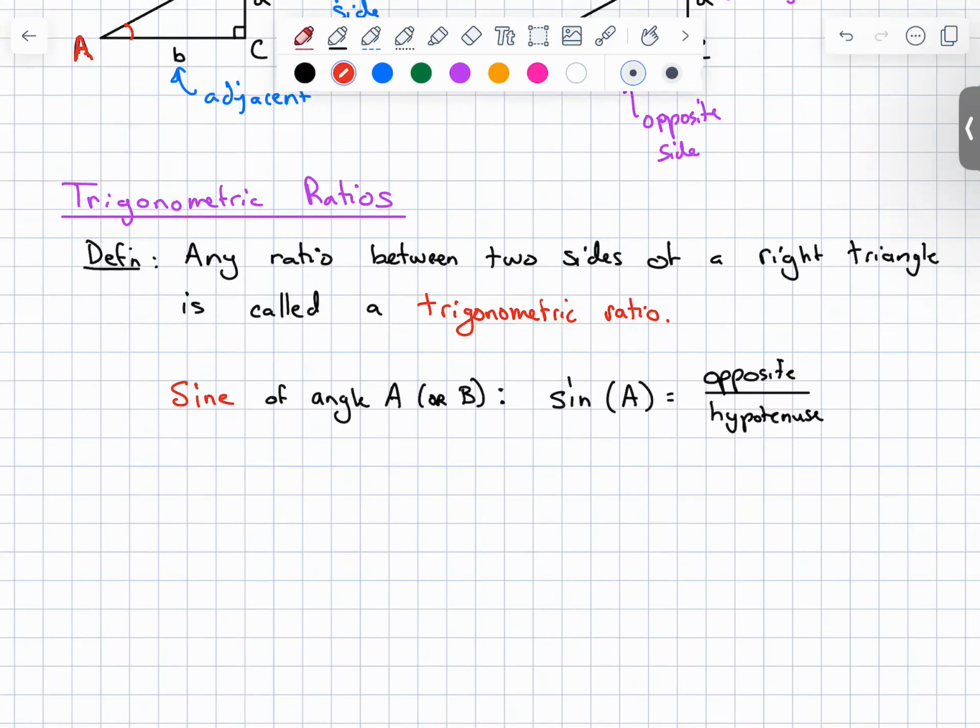The next one is cosine of angle A or B, which is written COS. We don't write cosine, we write COS. The cosine of A is the adjacent side over the hypotenuse.